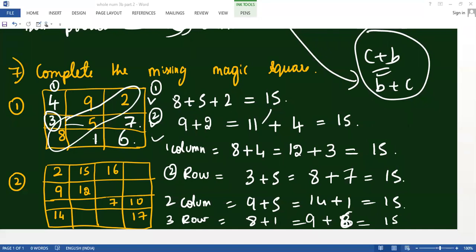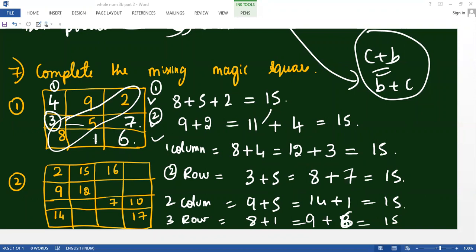Now I'm taking up the second row, that is 10 plus 14, that will be equal to 24. So to 24 we need to add 6, then it becomes 30. So here the answer is 6.